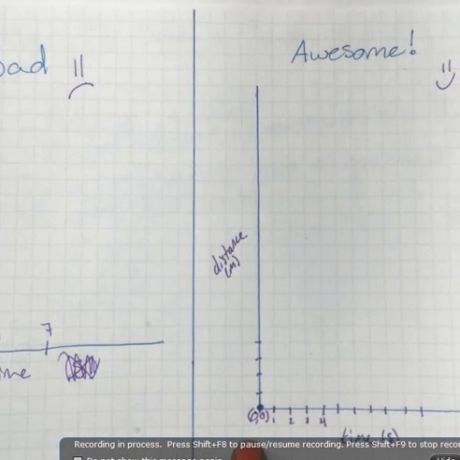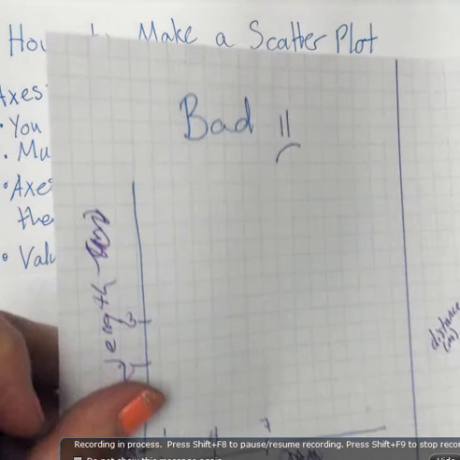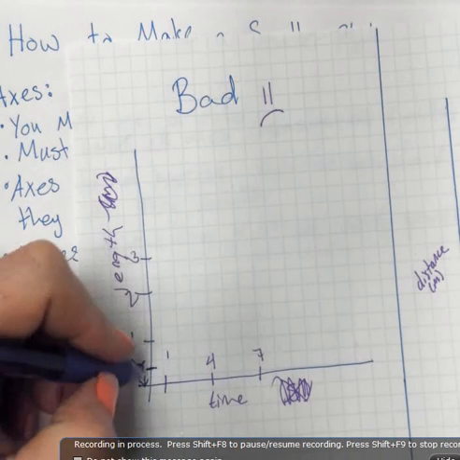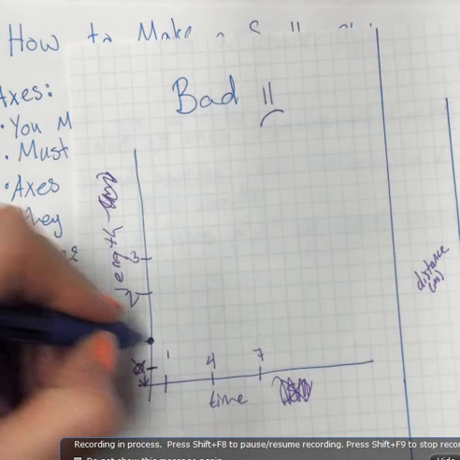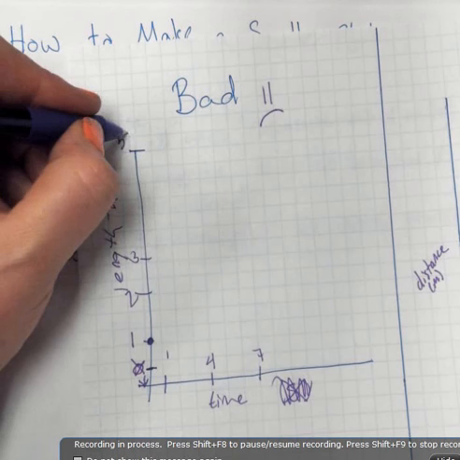Your values on your axes must be evenly spaced. One of the things that you might see on some bad graphing is, let's say you start with a value down here at 1, and your last value is 500.